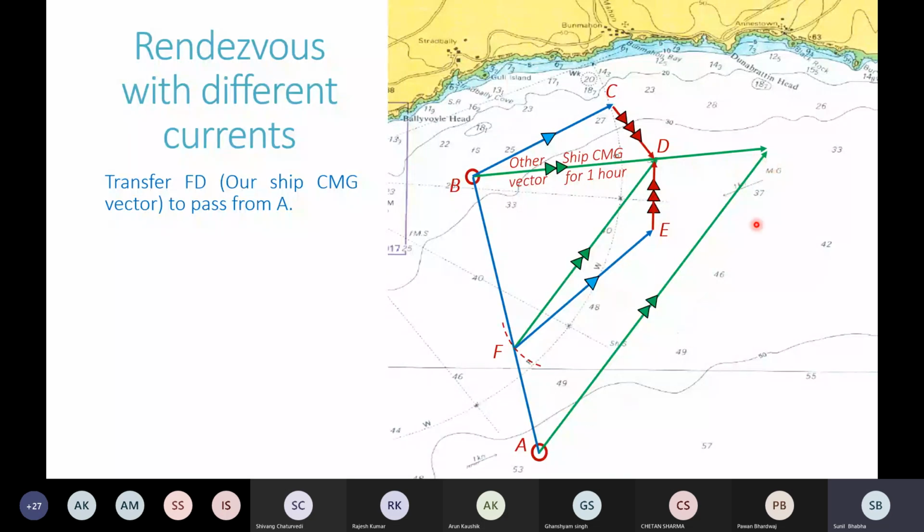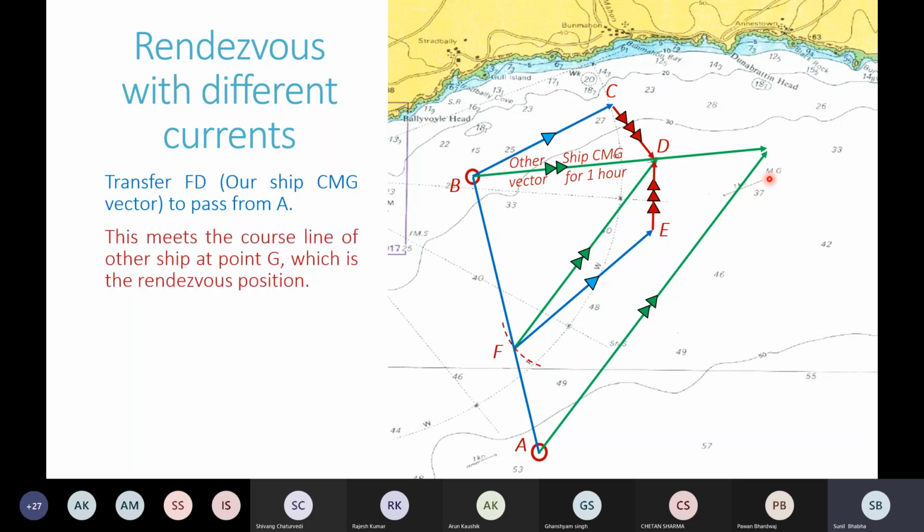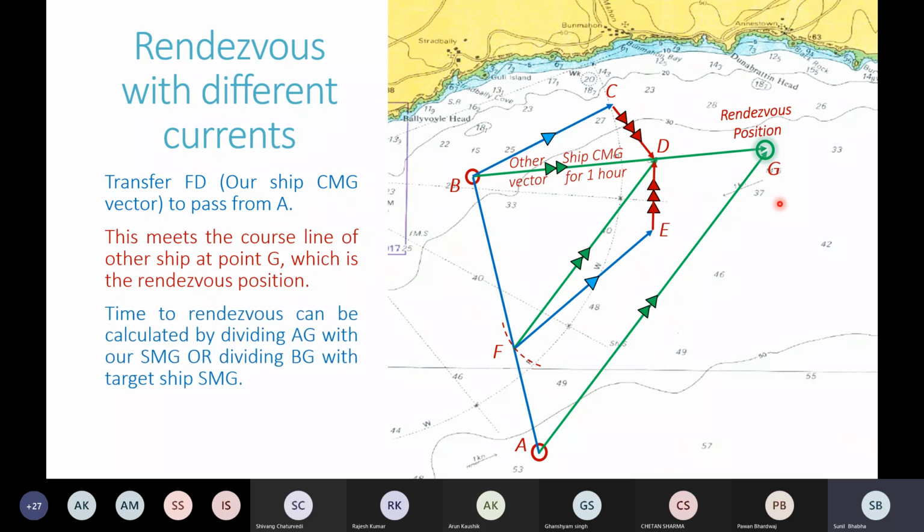This line basically represents the course made good by own ship, and the point where it meets the course made good of the target ship, let's name that as point G, Golf. Now this point G or Golf is the rendezvous position in this particular case. So we have the rendezvous position here.